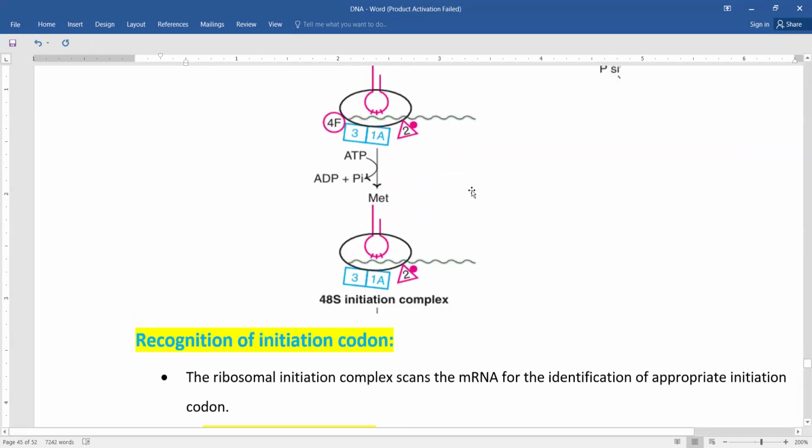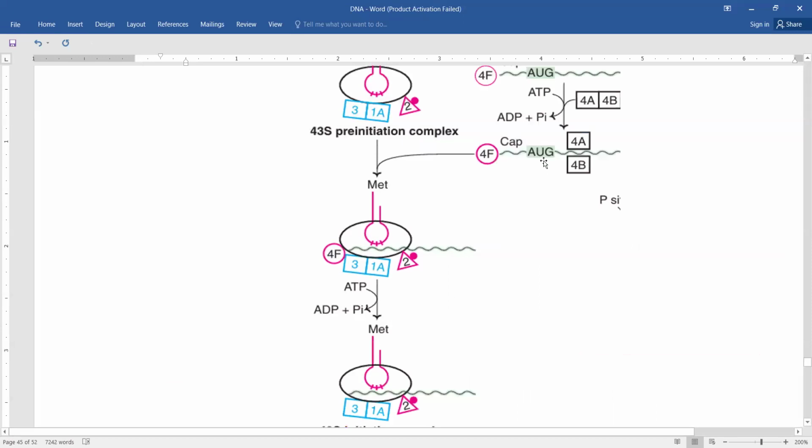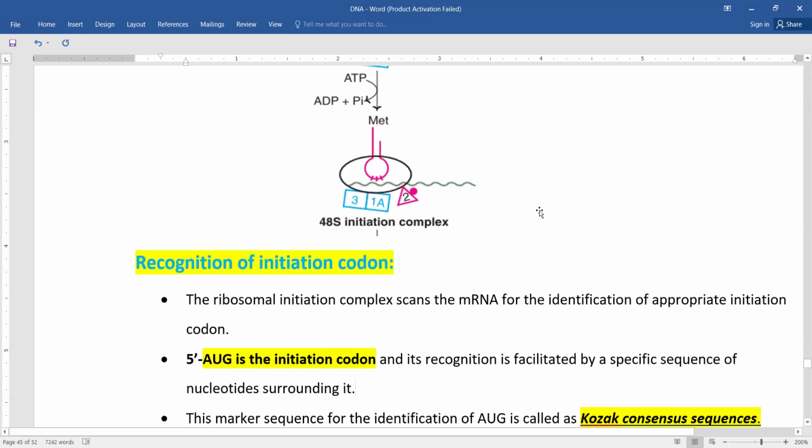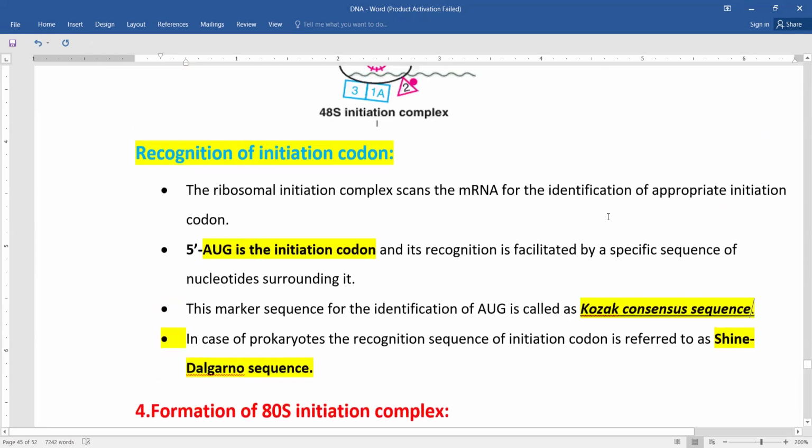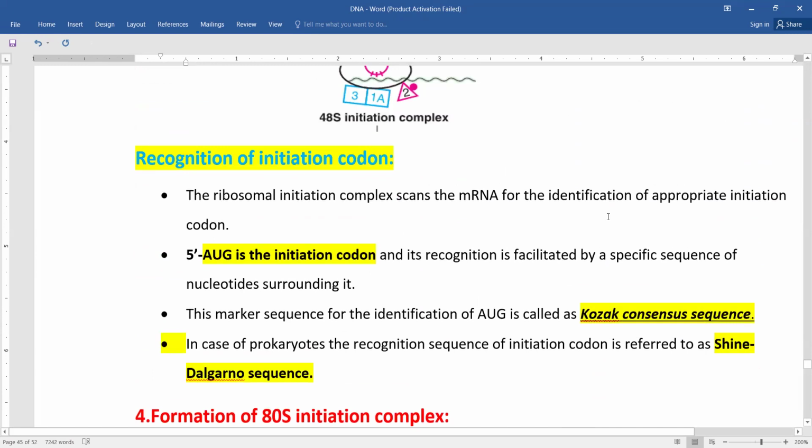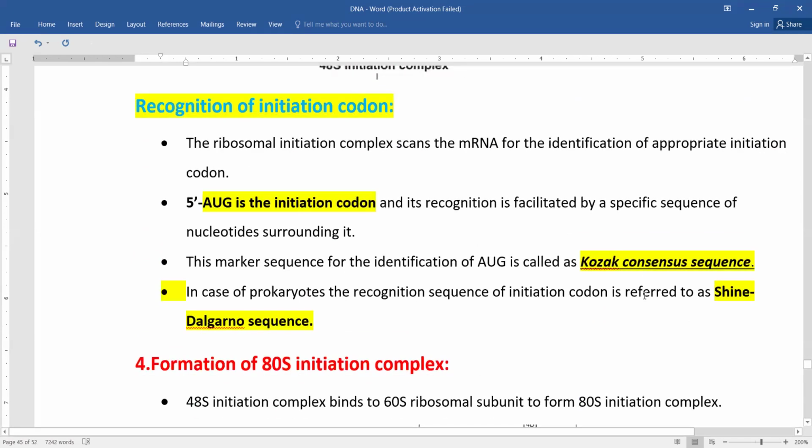ఇప్పుడు ఇక్కడ ఉన్నటువంటి AUG అనేది ఎలా ఐడెంటిఫై చేయబడుతుంది అంటే ఇక్కడ ఒక ఏరియా ఉంటుంది. ఇన్ యూకారియోట్స్ that area is called the Kozak consensus sequence, or you can say Kozak sequence. ఓకే, యూకారియోట్ లో ఈ యొక్క ఇనిషియేషన్ కోడాన్ ఐడెంటిఫికేషన్ ఎలా జరుగుతుంది అని అంటే, the Kozak sequence helps.